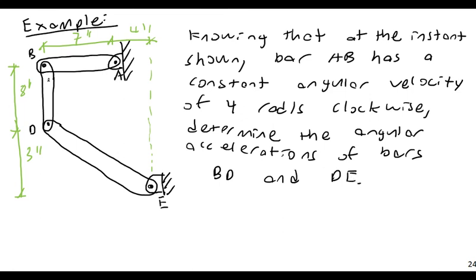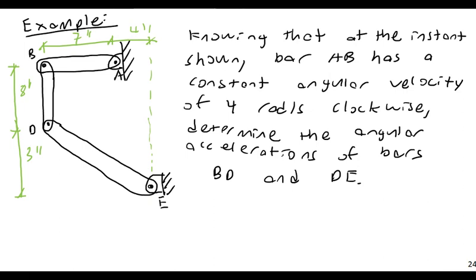So I'm just going to control this directly, maybe by hand or a motor or something like that. And I'm going to guarantee that AB will have a constant angular velocity of 4 radians per second. And because these are joined together, when I move this, the other two have to move. B has to come up and to the right. And along a similar vein, D will have to move, although E will be stationary.